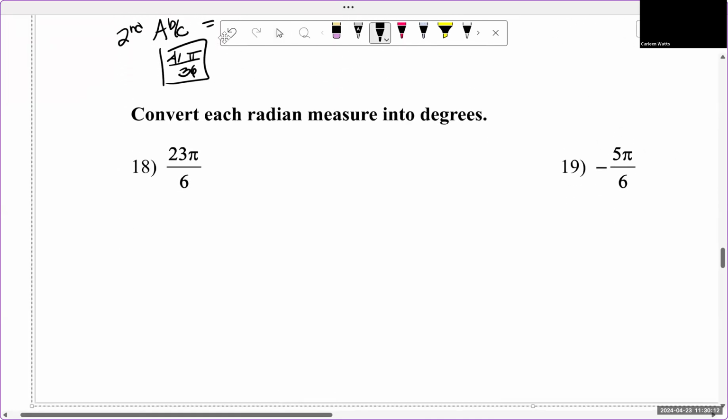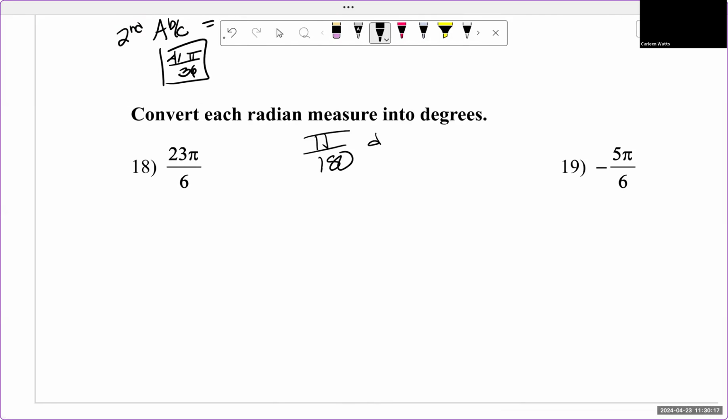Now, remember that pi over 180 and 180 over pi are very fancy versions of 1. So I want to get rid of radians and end with degrees. If I want to get rid of radians and end with degrees, which one am I going to use?